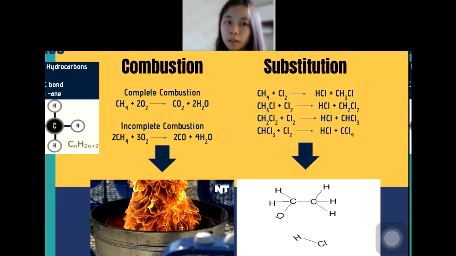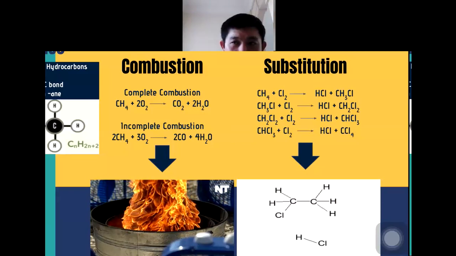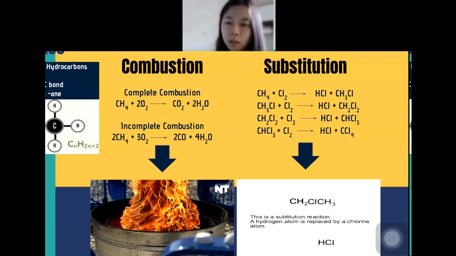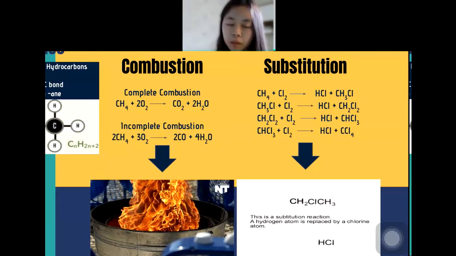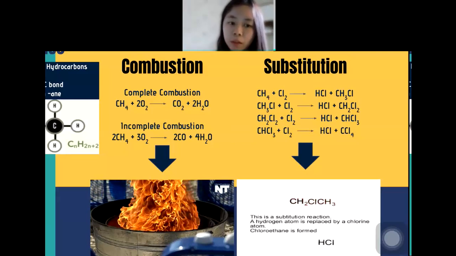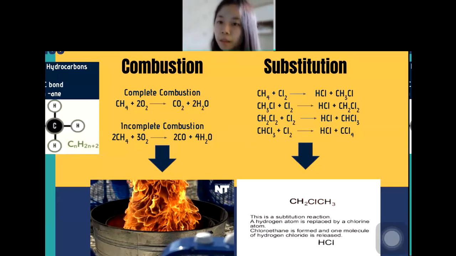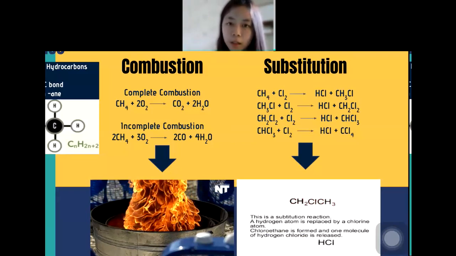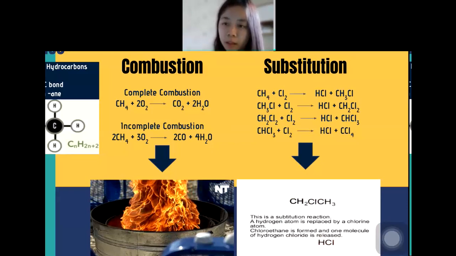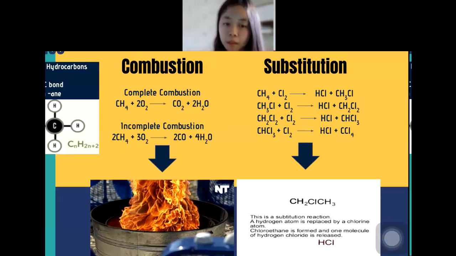They make the particles or molecules collide with one another more frequently, so the chances of successful collisions will be higher, and the reaction will be more rapid.